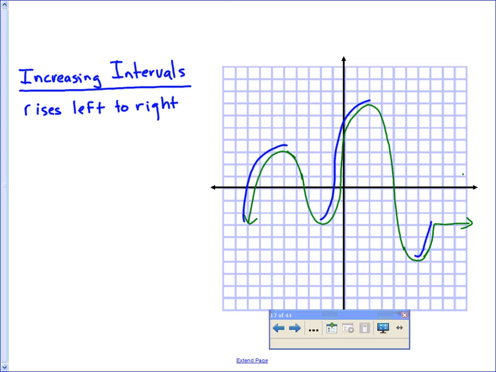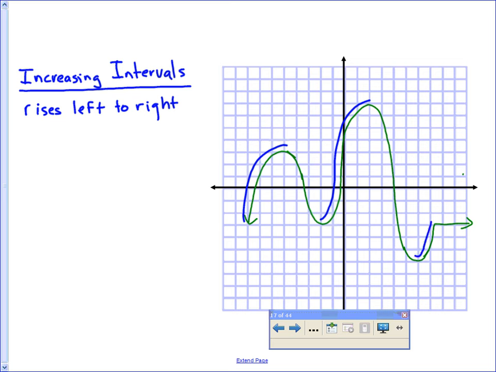Let's just look at what we have for a minute. Okay, so if this is our graph here, we've got to go and look for our local max and our local min. So it looks like about right here might be a local max. And then it looks like right here might be a min.